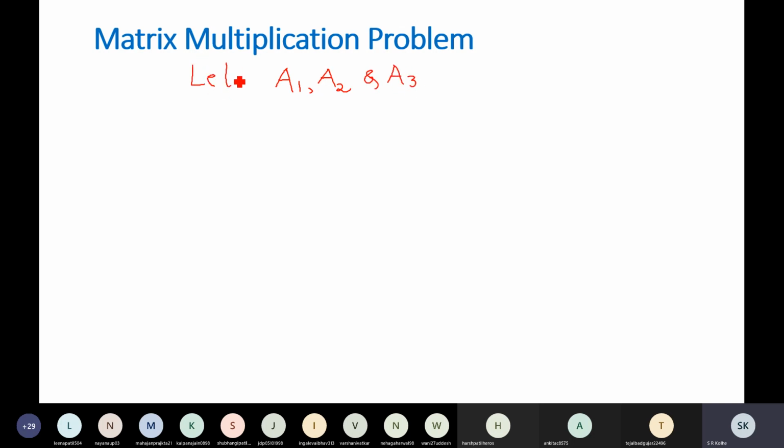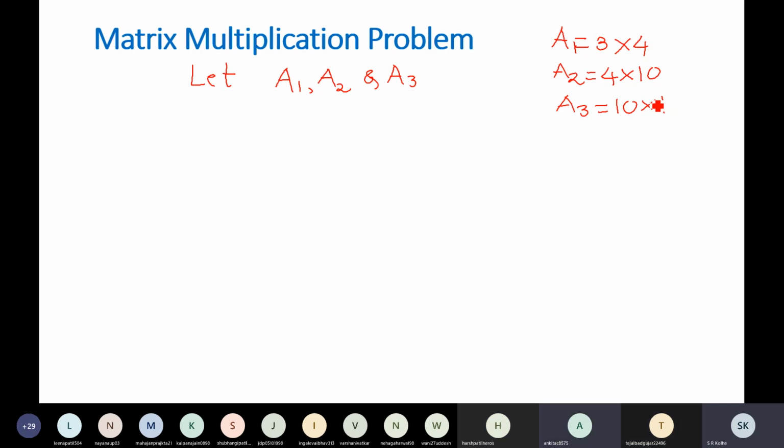A1 has dimensions 3 by 4, A2's dimensions are 4 by 10, and A3's dimensions are 10 by 1. Can we multiply these 3 together? First question. Yes, sir.